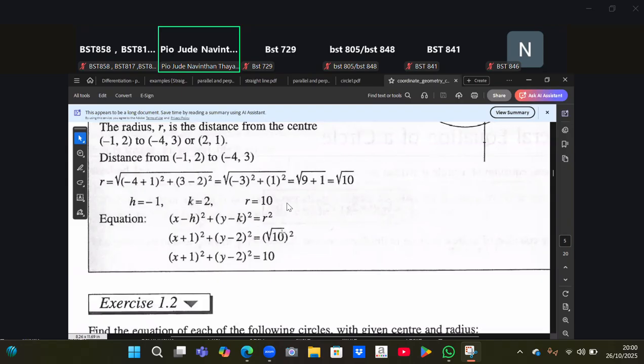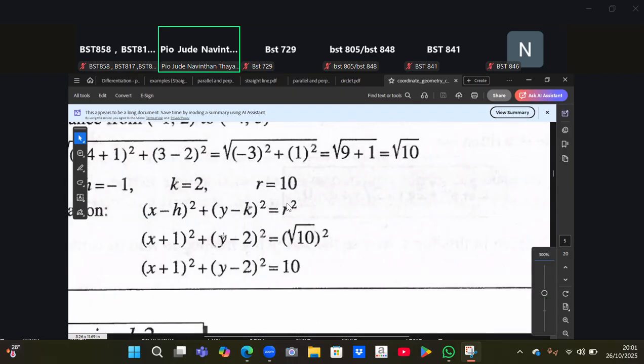Similarly, centered at h comma k with radius r, x minus h square plus y minus k square. You will have questions on this in the first question, part A, B or C.